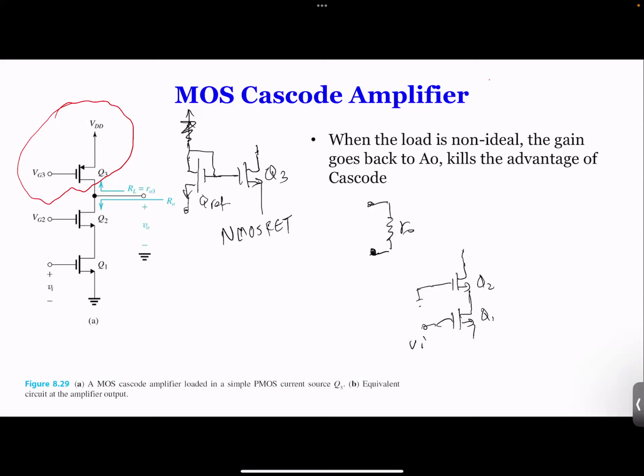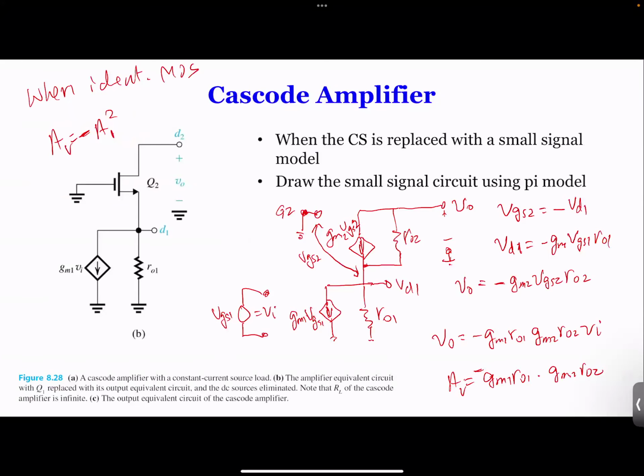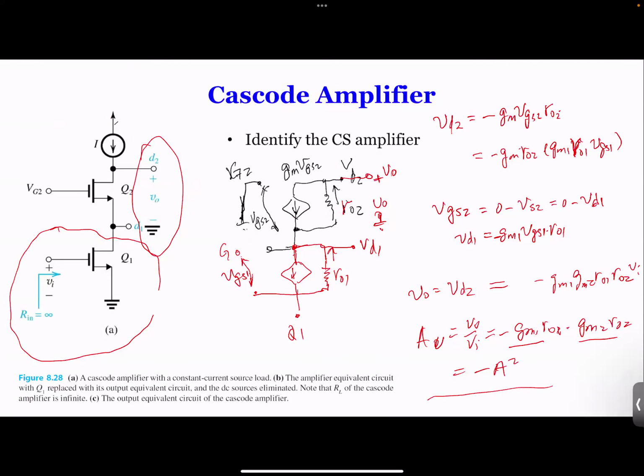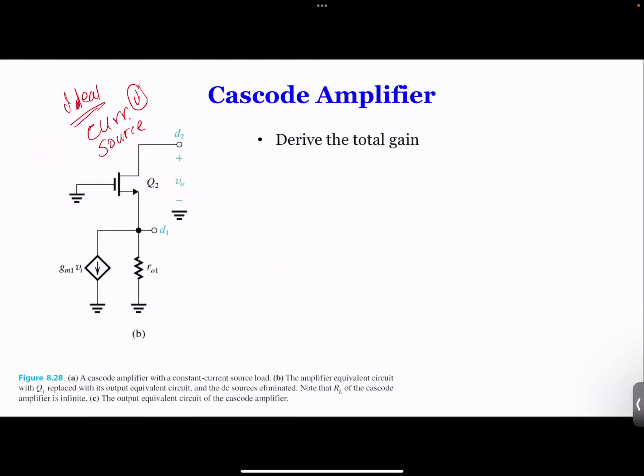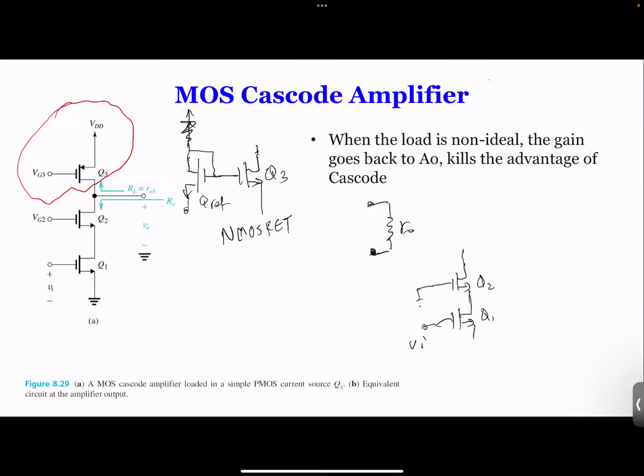The only difference is that above Q2, initially we had a current source in this example. But instead, that current source apparently has an internal resistance. We have RO3 instead.